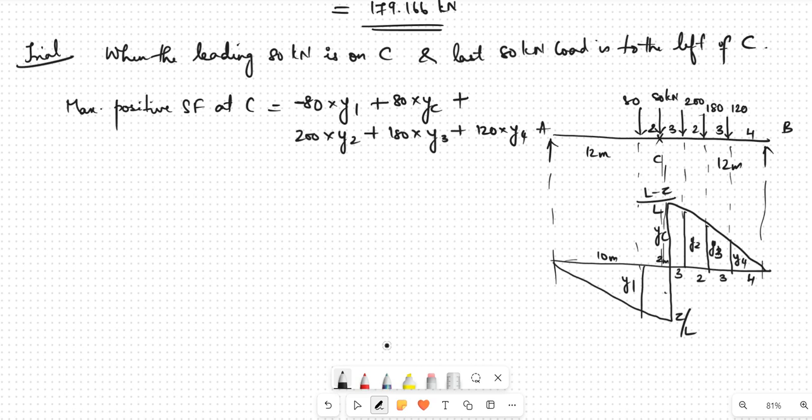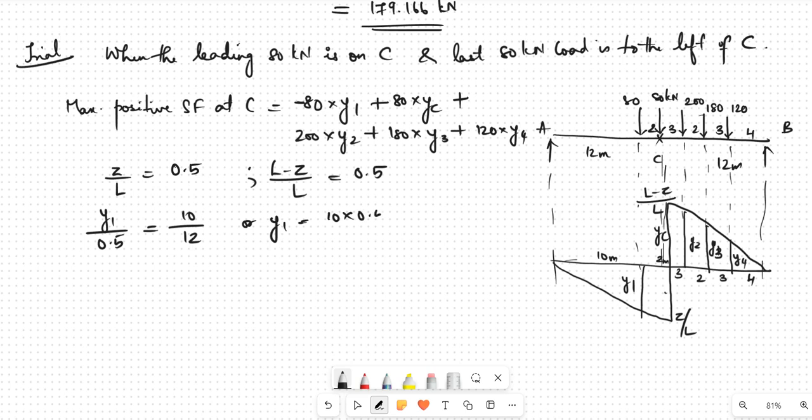Let us find the ordinates. So Z by L is given by 0.5. Also (L minus Z) by L is equal to 0.5. In the lower triangle, Y1 by 0.5 is equal to 10 divided by 12, or Y1 is equal to 10 into 0.5 by 12. Coming to the upper triangles, Y2 by 0.5 is equal to 9 by 12, or Y2 is equal to 9 into 0.5 by 12.